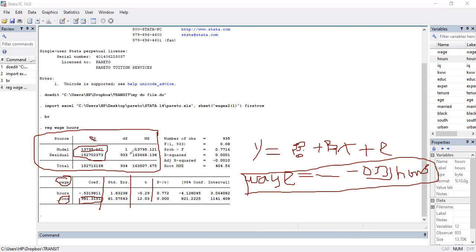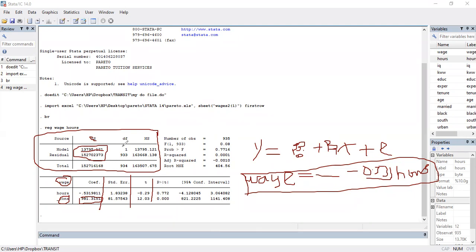And then this is for the degrees of freedom. I'm sure you've been doing hypothesis testing, so you know what the degrees of freedom are.